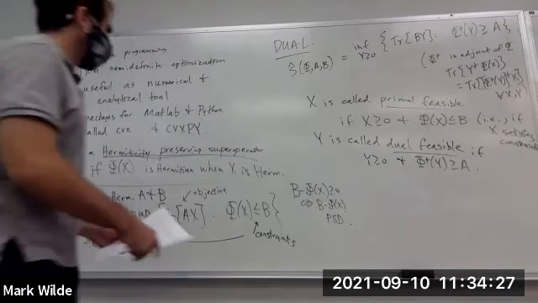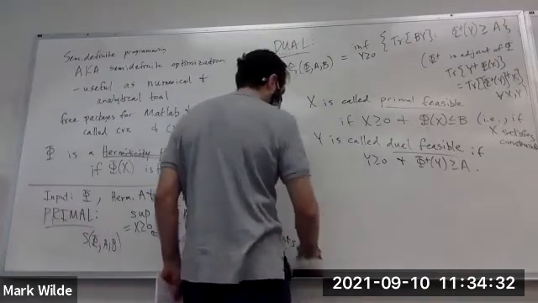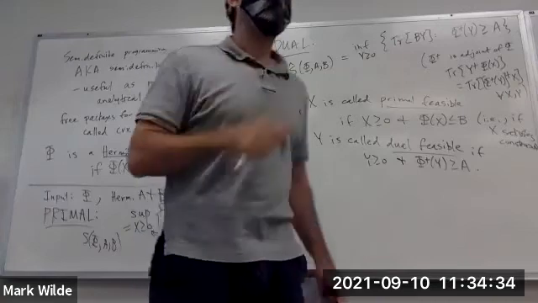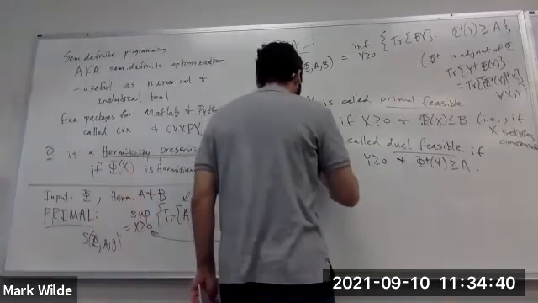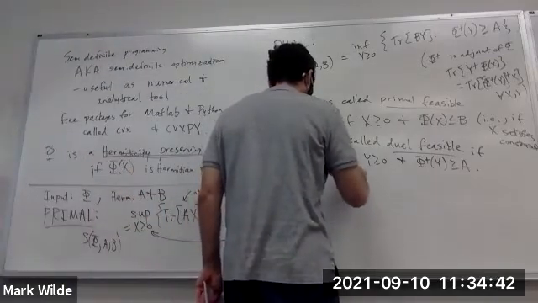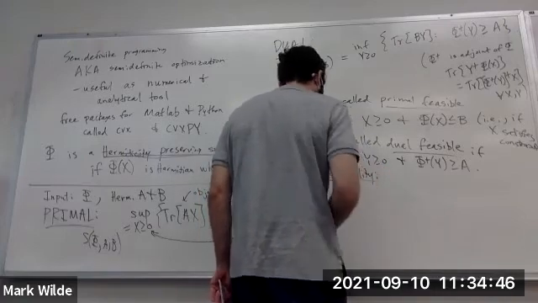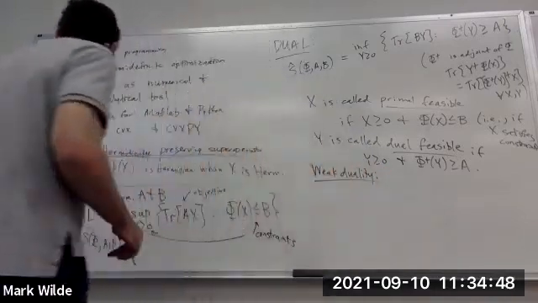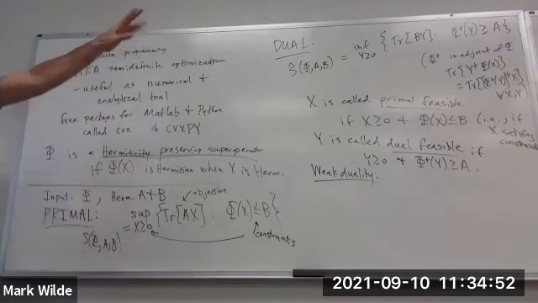So I want to give you a short proof of something quite powerful called weak duality. Weak duality. So this is the statement that the primal is always less than or equal to the dual.